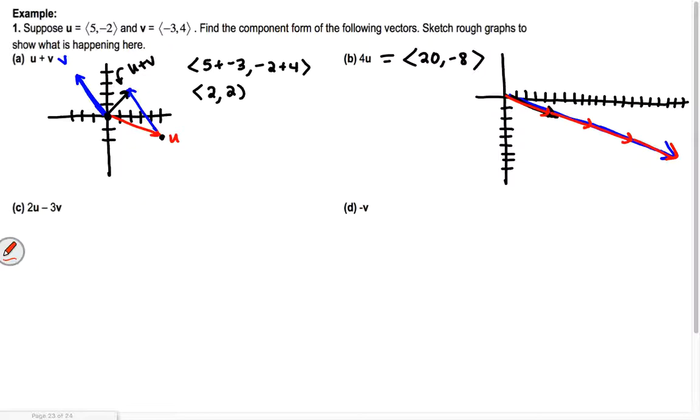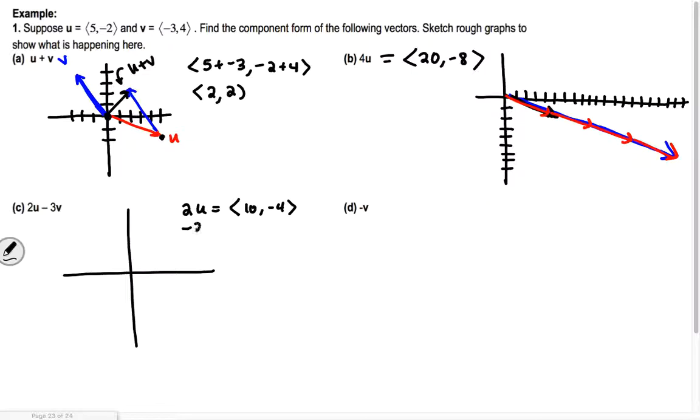All right, so 2u minus 3v. Let's start with the 2u. So 2u is going to be 10 comma negative 4. We just take our u and multiply it by 2.